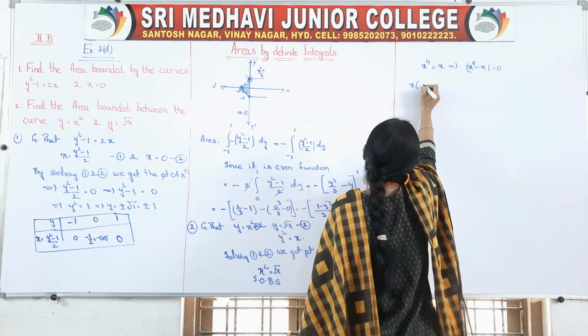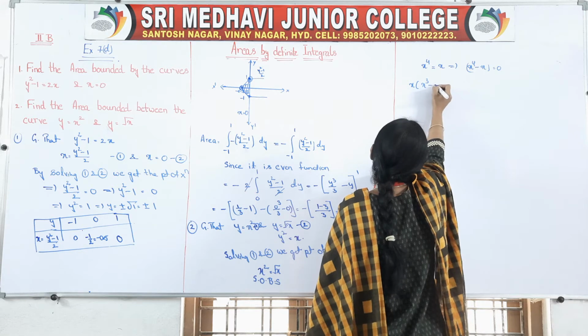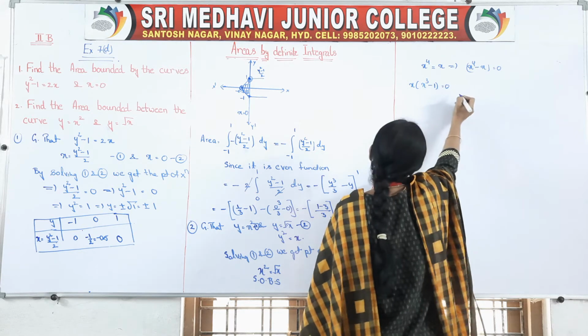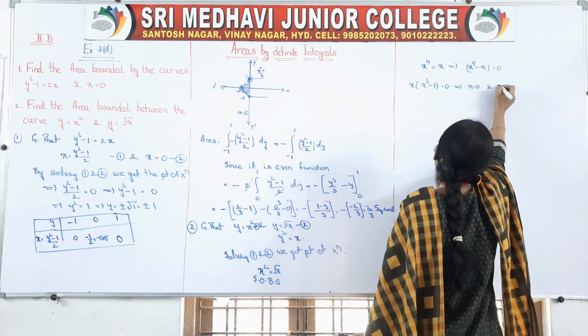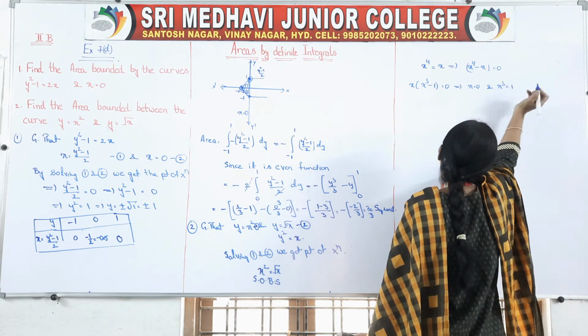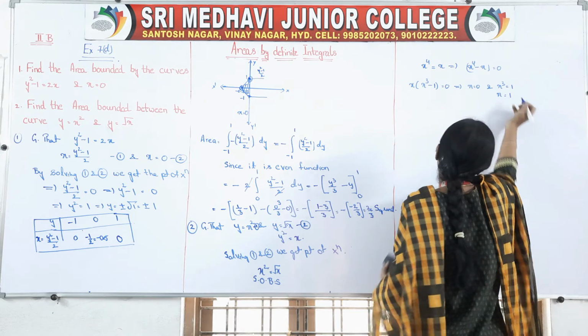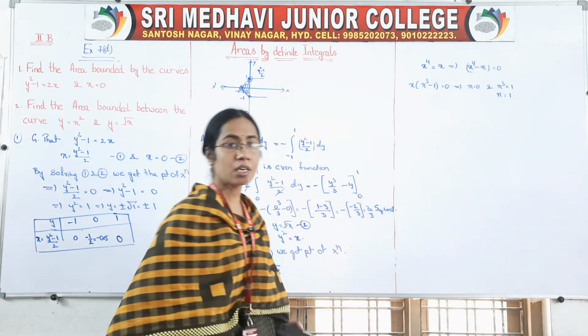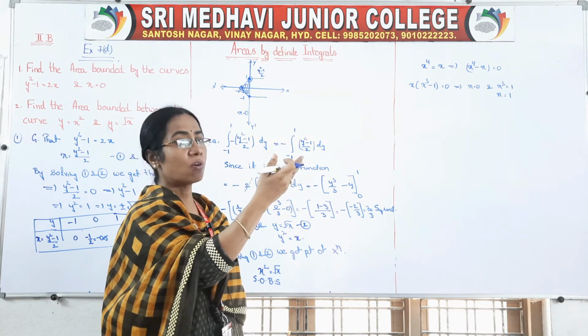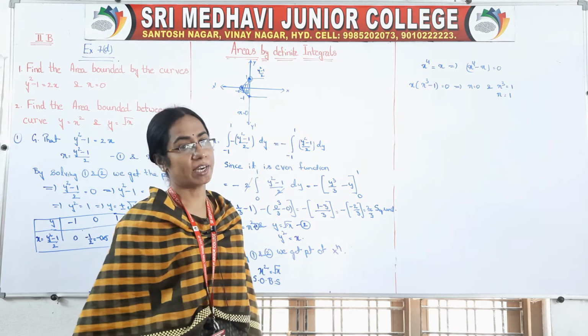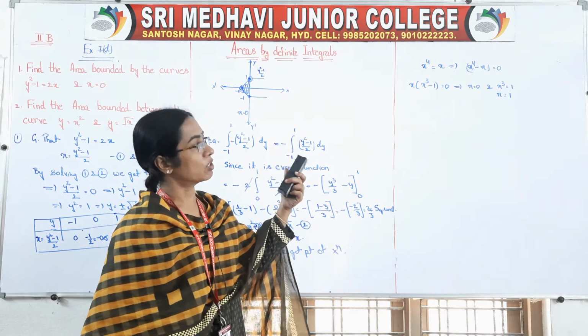Taking x outside, x into x cube minus 1 is equal to 0, which implies x is equal to 0, and x cube is equal to 1, which implies x is equal to 1, taking the cube root on both sides. Or we can write 1 as 1 cube, so x cube is equal to 1 cube means x is equal to 1. You got the limits 0 to 1.